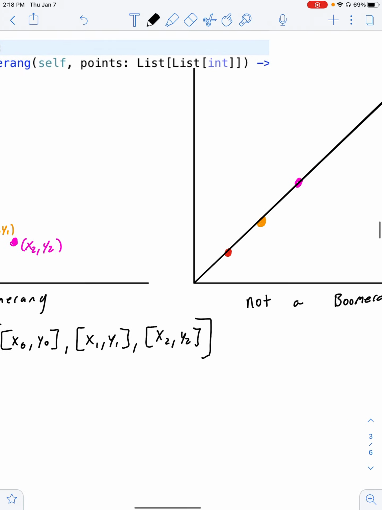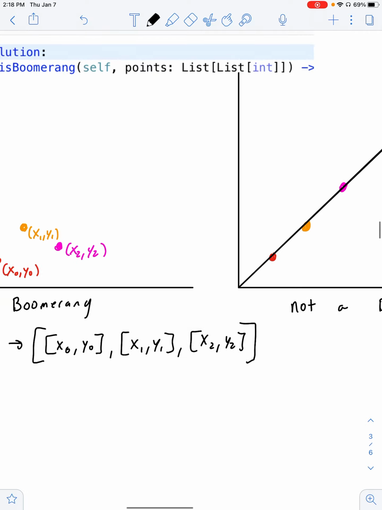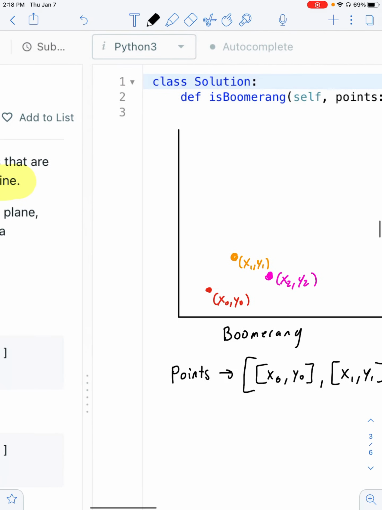I keep saying yellow and orange interchangeably, I'm sorry. If those lines are identical, then the points form a straight line, and we can see that it's true in the right case versus the left case.